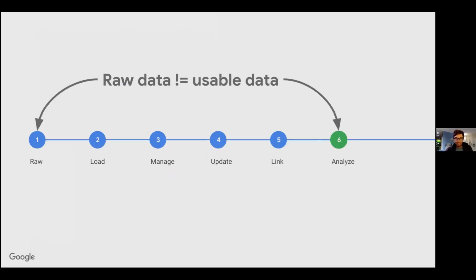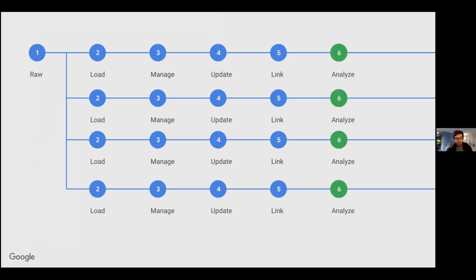So this led us to the conclusion that raw data, the data you might find on, say, Harvard Dataverse or any of the other bulk CSV download sites, is still quite a ways away from being usable. So you get it as a CSV, but you have to go through all these different steps before you can analyze it. And every single user that downloads that raw CSV has to go through the same steps before they can analyze it.